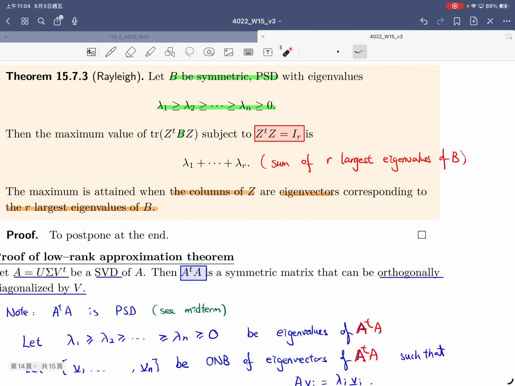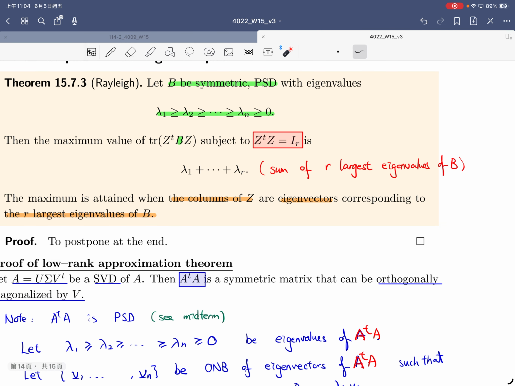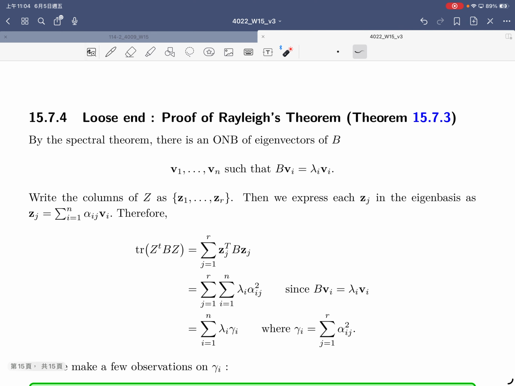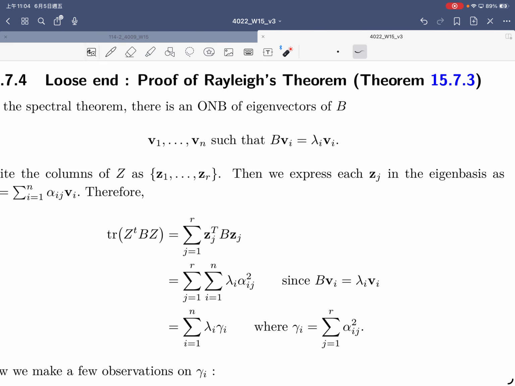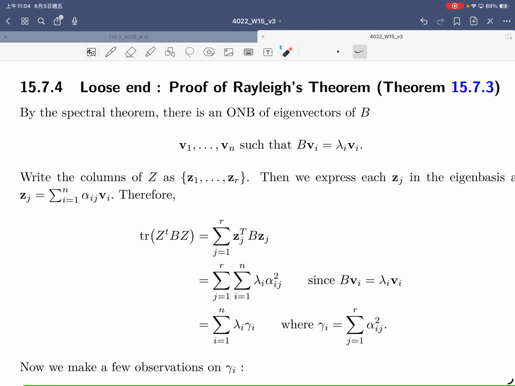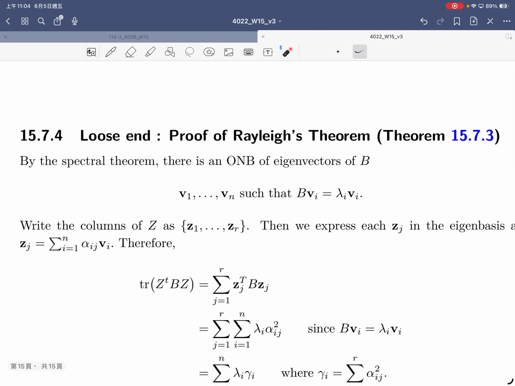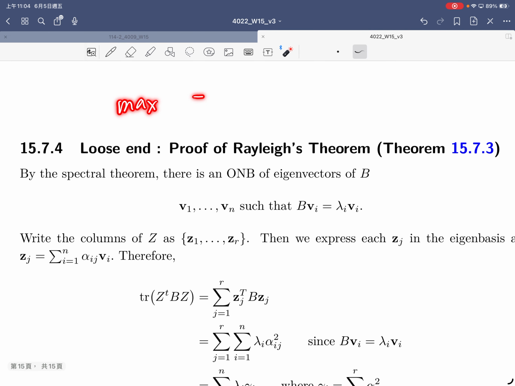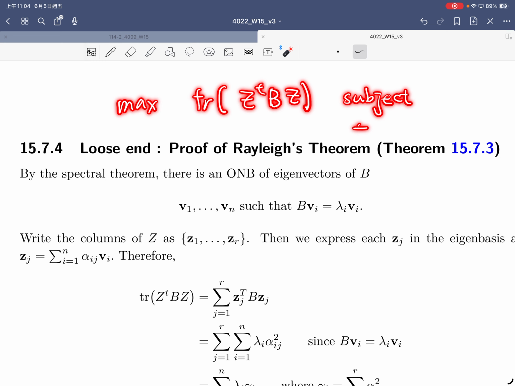So in the last 5 minutes, I briefly explained how this theorem by Raymond can be proved. I've typed it already. You try to maximize the trace of Z transpose BZ subject to Z transpose Z equal to identity, but B is not random.